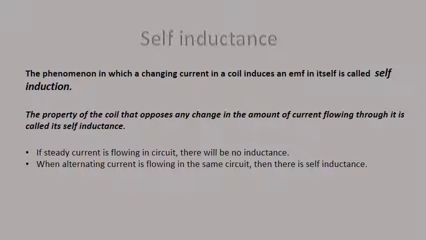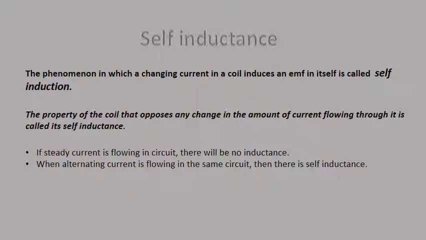So how can we get that changing current or changing flux in the same coil? If steady current is flowing in any circuit, there will be no self-inductance. Why is there no self-inductance? Because there is no magnetic flux that is changing because of the steady current.